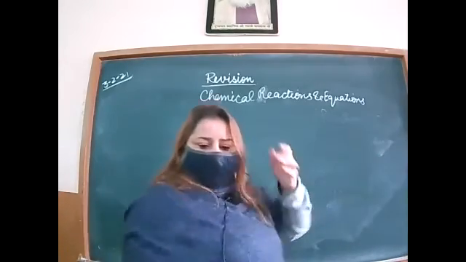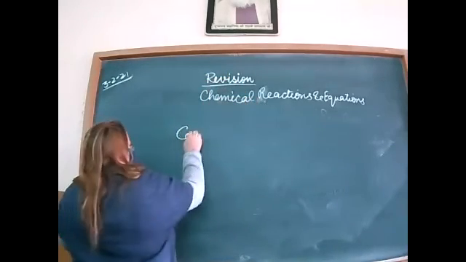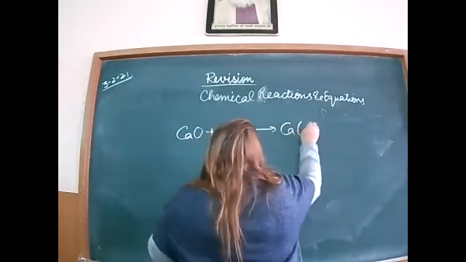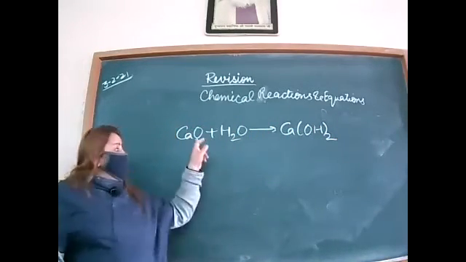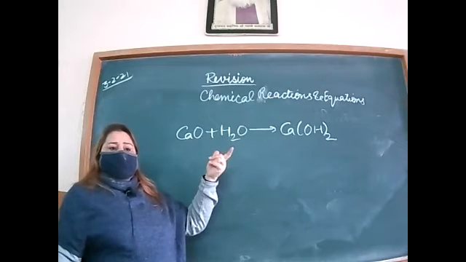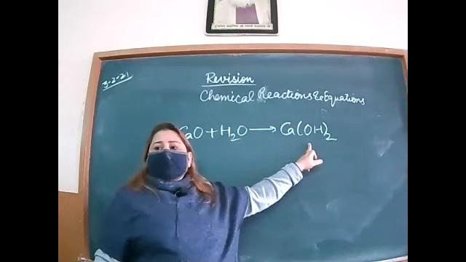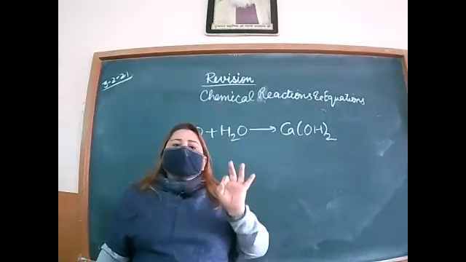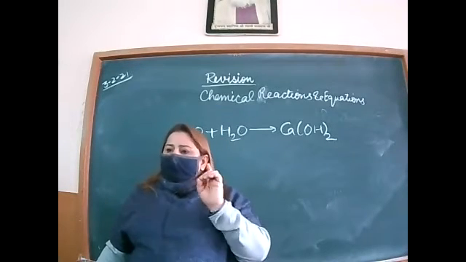But before that, one question is there that I had written: the calcium oxide plus water, it will give rise to this. Okay, this is the combination reaction. What is this? Another name: quicklime. Water, slaked lime, or calcium hydroxide or lime water. What we will use for whitewashing.